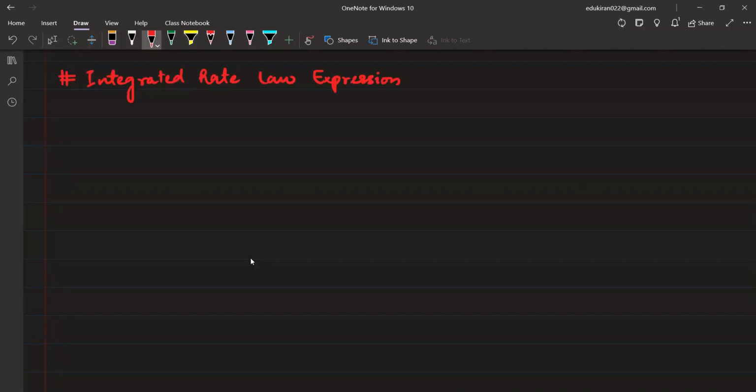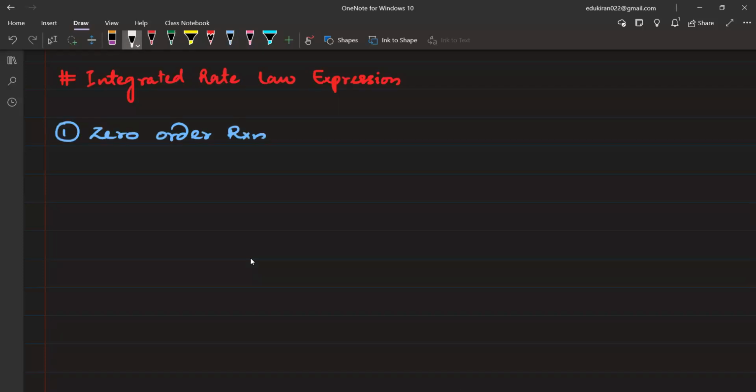Okay, integrated rate law expression. Now, here we are going to look at zero order and first order. So first of all, write number one, zero order reaction.